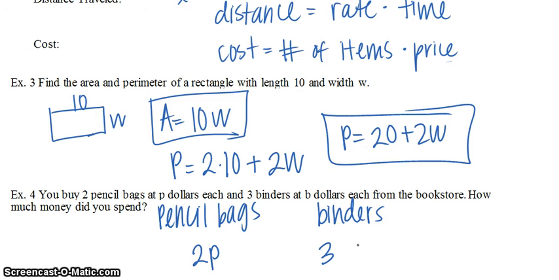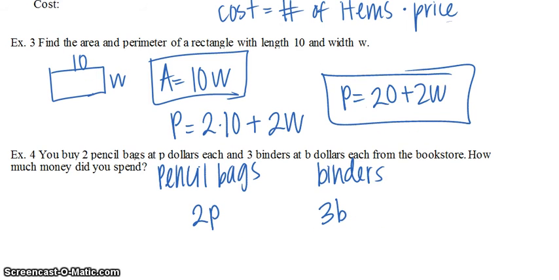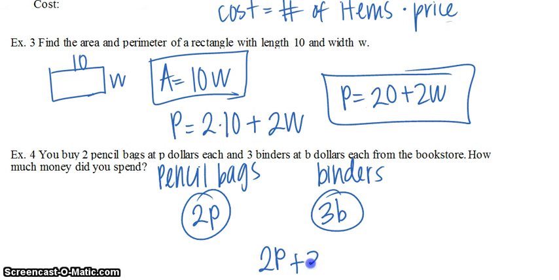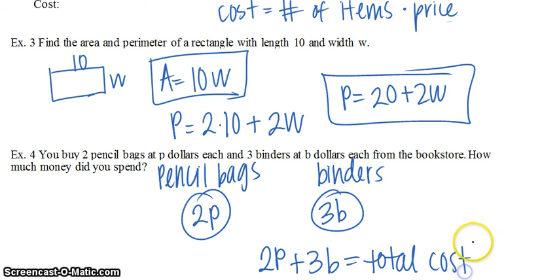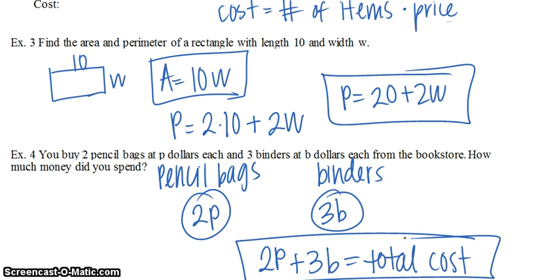We bought 3 binders at price B. So this is the total cost that we've spent for pencil bags, and this is the total cost for binders. If we're putting it together, we have to add them. So we have 2P plus 3B as our total cost of what we spent. There you go.